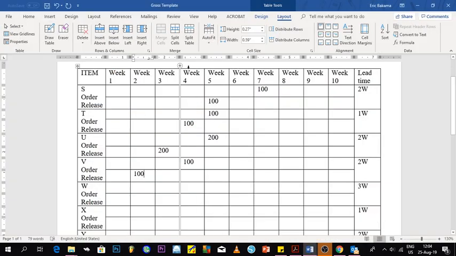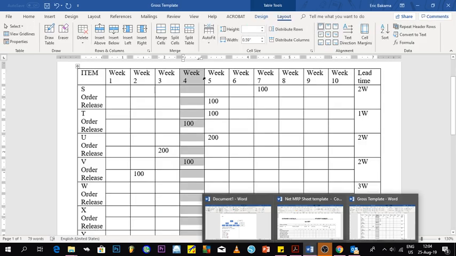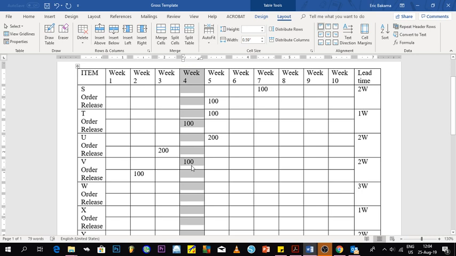Then we check W, that is coming from T. To get 1 T we need 2 W's. So we go back to our T, which is in week 4. According to the product structure, to get 1 T we need 2 W's. So it is 100 times 2, which is 200, and it will be released 3 weeks before, which is week 1, 2, and 3.